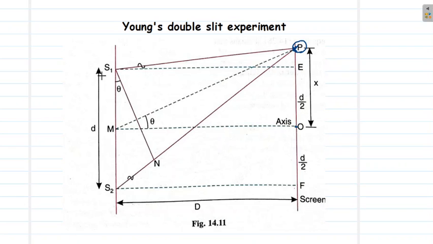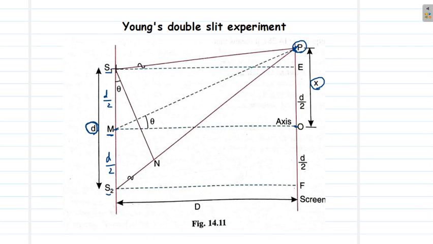We have slits S1 and S2, its middle point is M, and the point exactly straight from this middle point is the center O. From the center O, we consider a point at a distance x. We assume that the two slits S1 and S2 are at a distance d from each other. So from the middle point, the slit S1 will be at d by 2 length, and the slit S2 will be at d by 2 length.